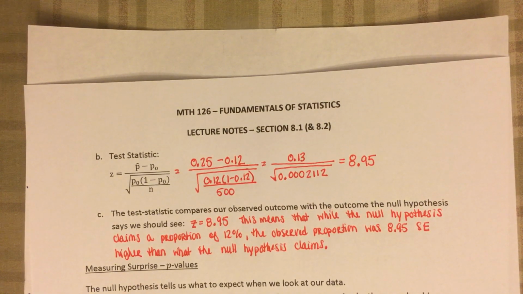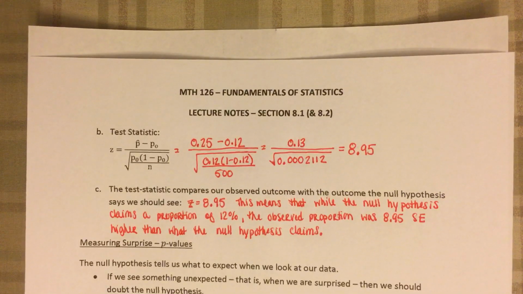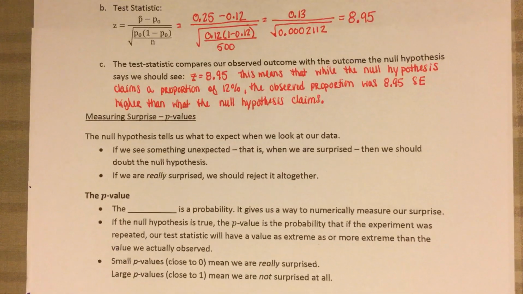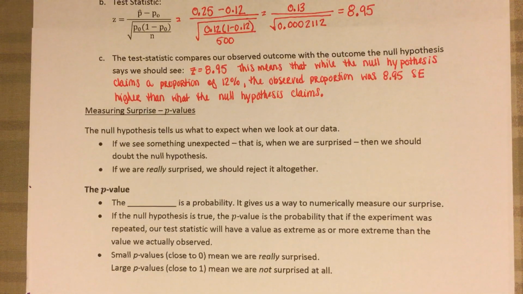So this idea of our z-score, our test statistic that we're looking at, is a value that we're going to compute as we're going through some of our problems, but it's also going to tie directly into our next idea of our p-values. P-values give us a way to measure our surprise. How unusual is our value? How surprised are we at this z-score for this previous example where z is 8.95?